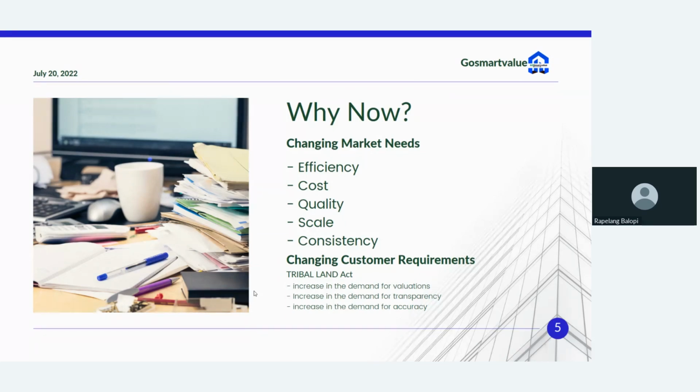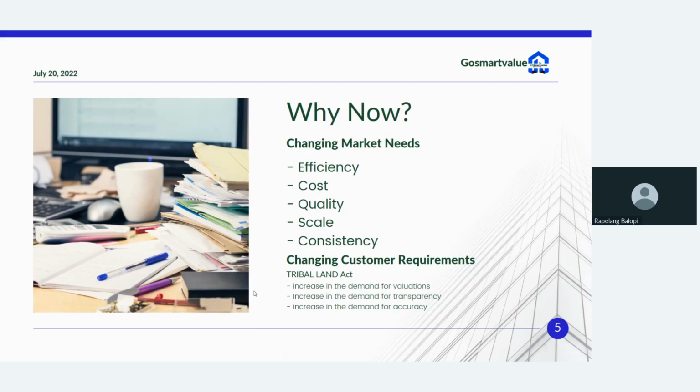Historically, there hasn't been a recording of any of the transactions that were done in tribal land. That means now there's a whole process of registering tribal land, because it can be a secured registration with the deeds office. And as such, that releases a whole new market of trading in real estate through tribal land.